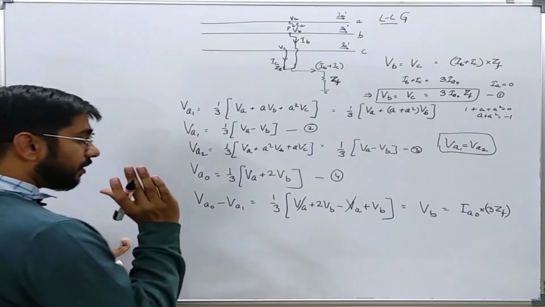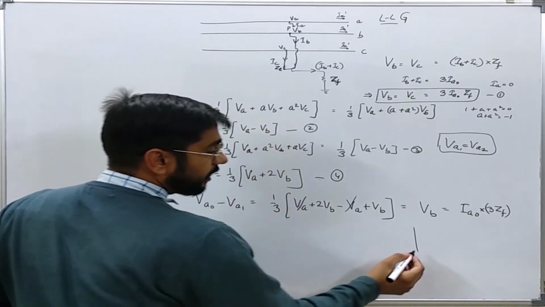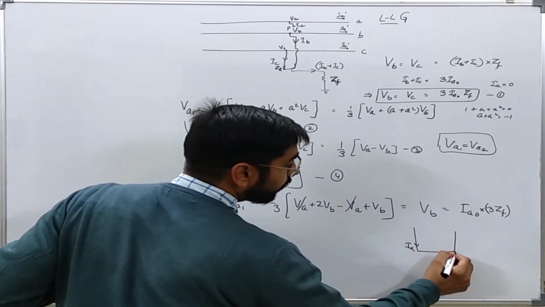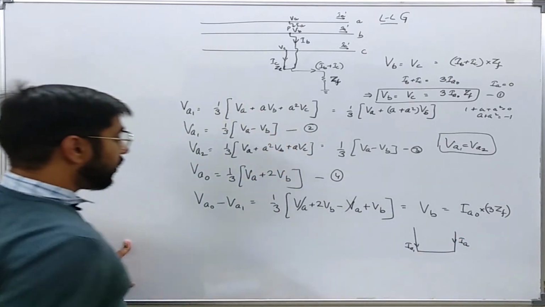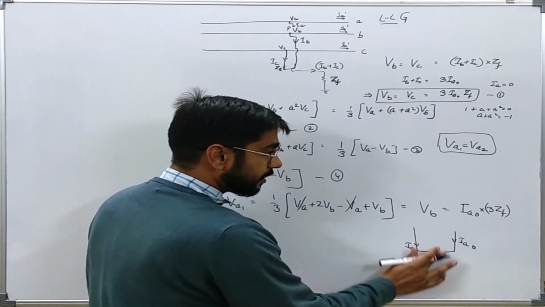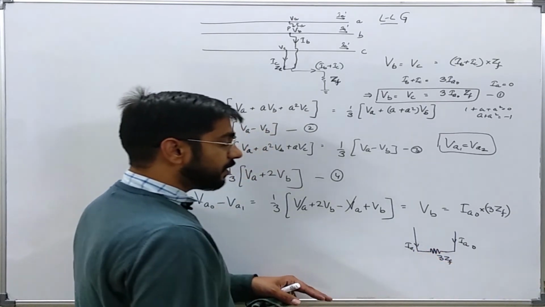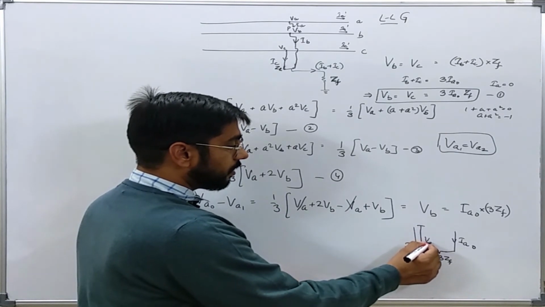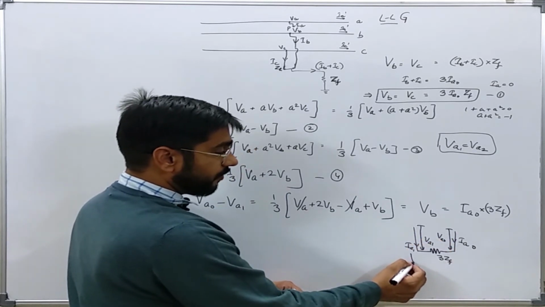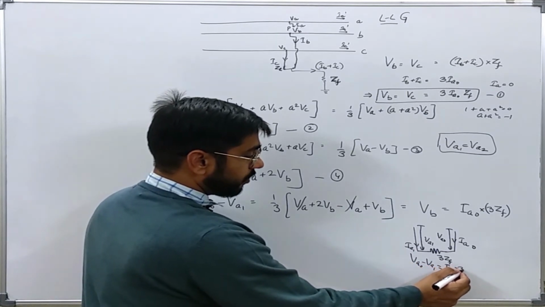So we have got now that the positive sequence network and the negative sequence network will be having impedance 3ZF between them, so that this is VA1, this is VA0, so that VA0 minus VA1 equals IA0 into 3ZF.